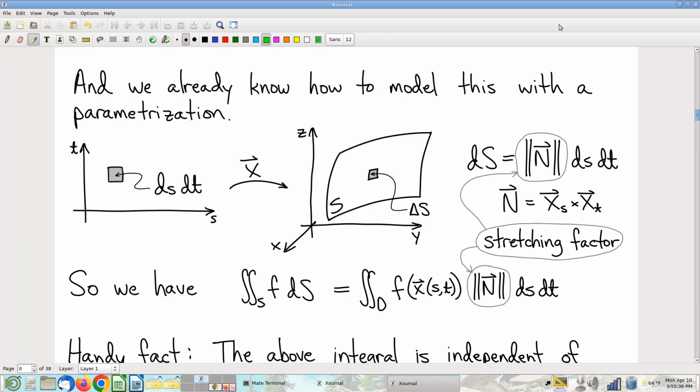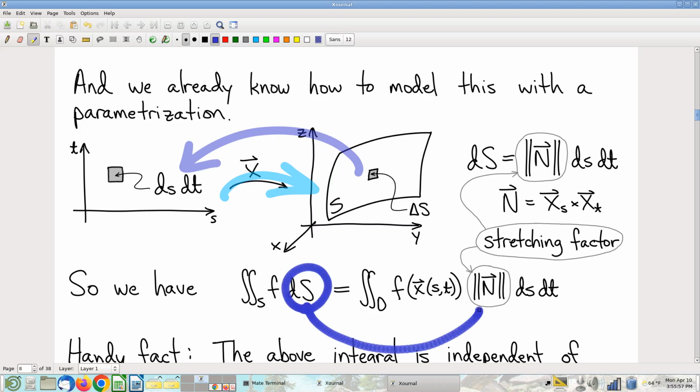Well, we're going to do the same thing here. We already know how to parametrize surfaces. We already have a bunch of details computed related to that, which allow us then to pull back into an integral in the parameter space, namely in the ST plane. And here it is. dS, we've previously discussed, is the magnitude of capital N times dS dT, old formula.